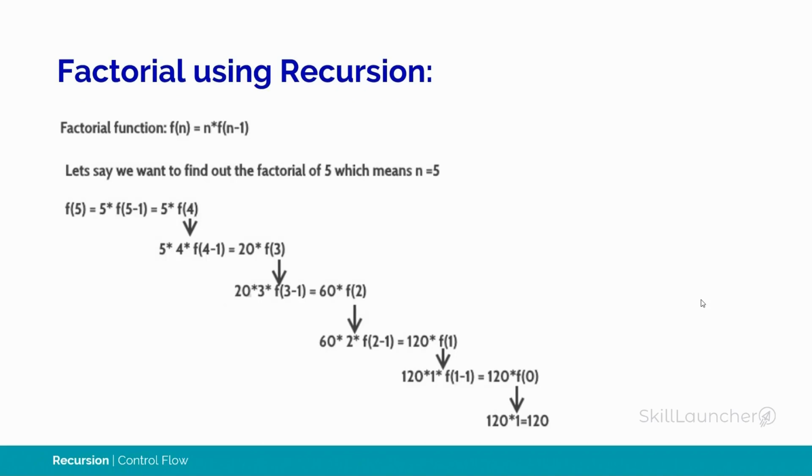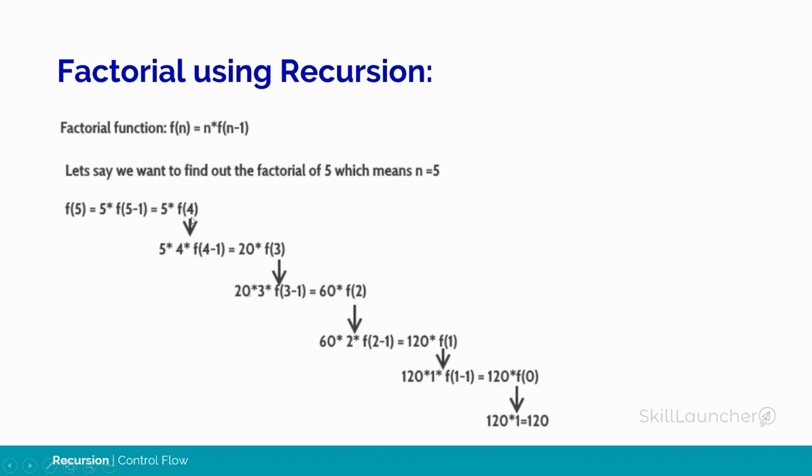Now how to calculate a factorial. We know that a factorial is the multiplication of the number and the factorial of the number minus 1. That is, let's say we consider n as 5. So the factorial of 5 can be written as 5 multiplied by 4 multiplied by 3 multiplied by 2 multiplied by 1. So now factorial of 5 can be written as 5 into factorial of 4.